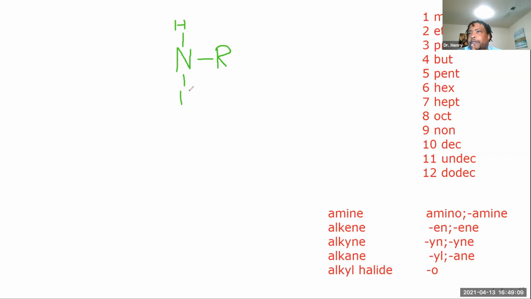So there's two types of amines. This guy is called a primary amine, meaning there's only one hydrocarbon. You can also have a secondary amine, meaning two hydrocarbons, or a tertiary amine, meaning three hydrocarbons.